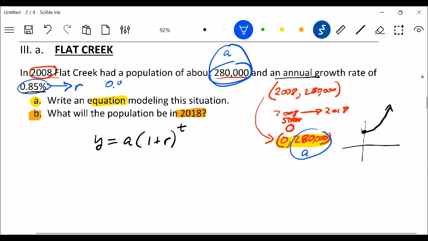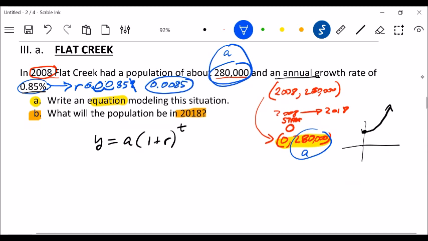So what we have to do is take 0.85, remove the percent, and move the decimal twice that way. So in reality, we have an extra leading 0 in front, 0.0085. So that's R.